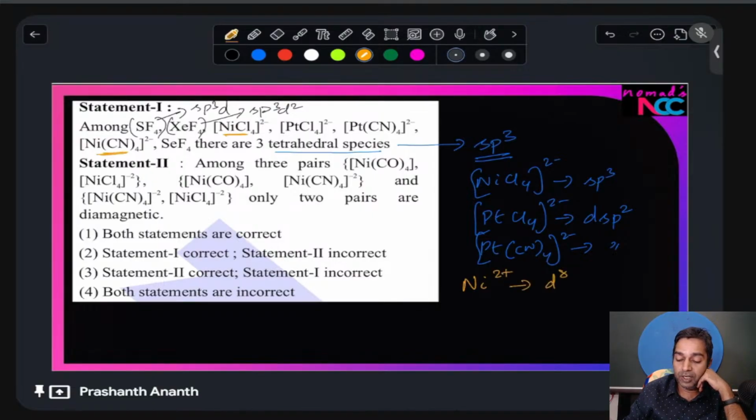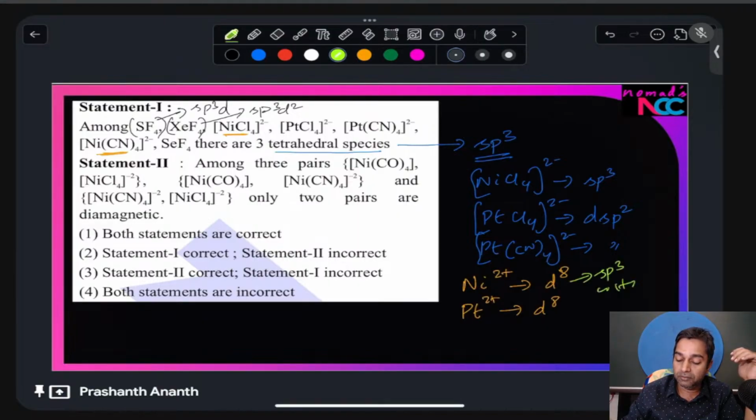Nickel plus 2 is going to be a d8 type of system. So you have nickel, palladium and platinum. Platinum 2+ is also going to be d8. Now when you have a d8 configuration, both sp3 and dsp2 are possible. So nickel 2+ will form sp3 with weak ligands, and nickel 2+ will go for dsp2 with strong ligands.